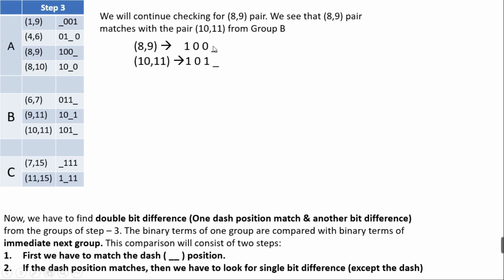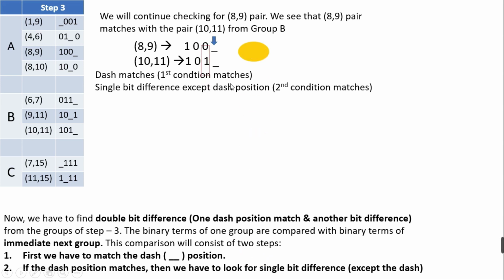Both of the dashes are at the 4th place, so the first condition matches. Now let's see whether the second condition is satisfied or not. Here you can see that we're getting only 1 bit difference, only at the third position. Only this bit is different for both the pairs. All other bits are actually the same.